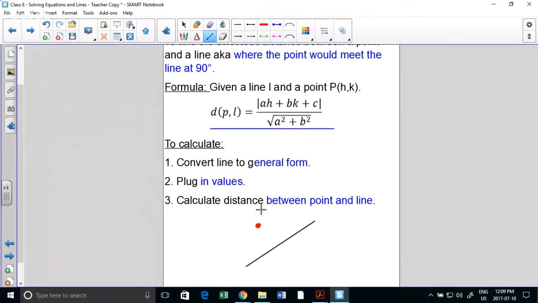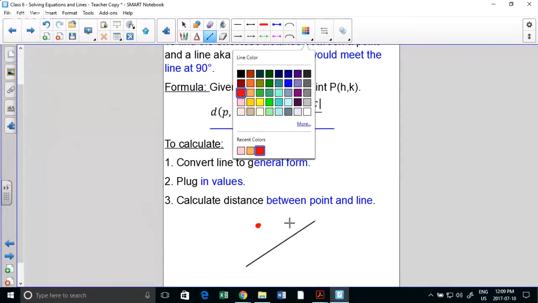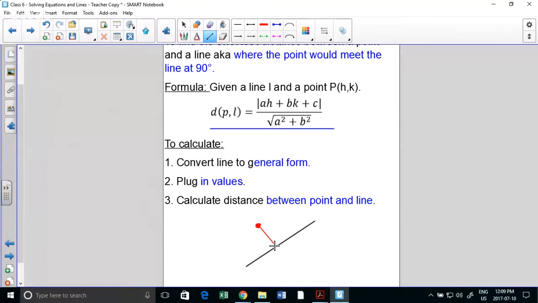Because I'm sitting at a desk in the classroom. If I want to get to the door, I'm not going to zigzag around every single desk in this classroom to get to the door. If I want to find out what the distance is between me and the door, I'm going to take the shortest route. So what this means is the shortest route is the line that connects the point to this line and meets it at 90 degrees.